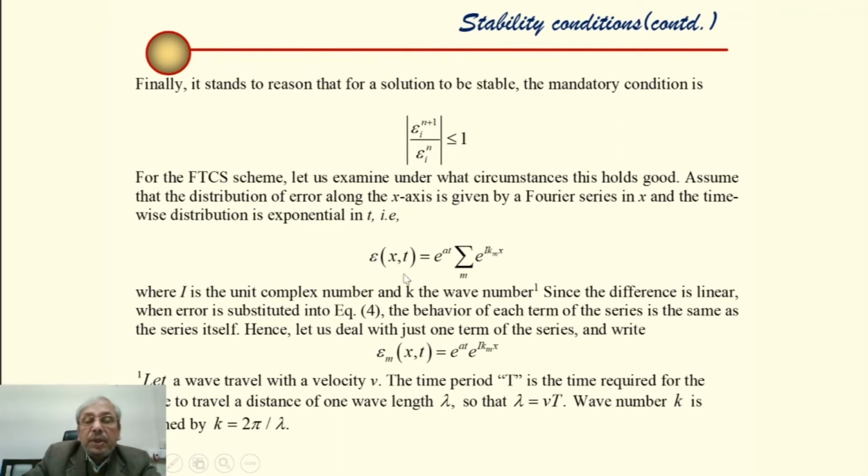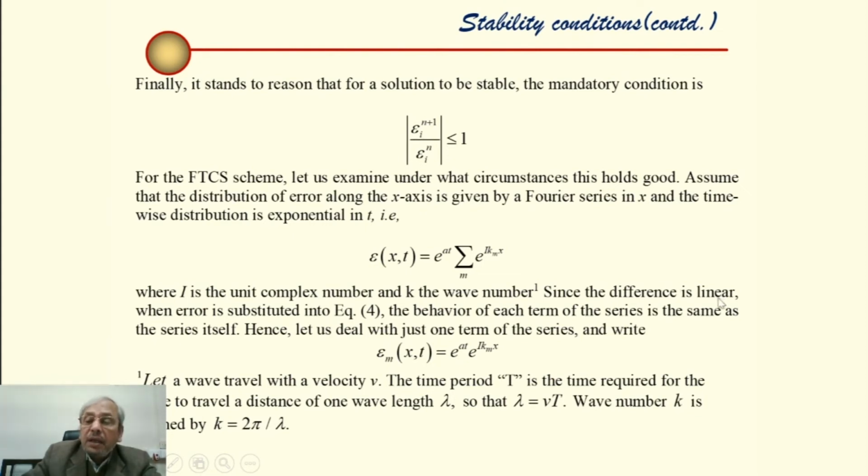So epsilon, as we have already mentioned earlier, is e to the power at into the Fourier series, where I is the unit complex number, k is the wave number, and k is basically twice pi by lambda, while lambda is the wavelength. We have also written that wave velocity is v, time period is t, then lambda is vt, and k, the wave number, means twice pi by lambda.